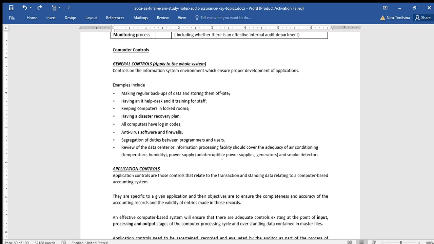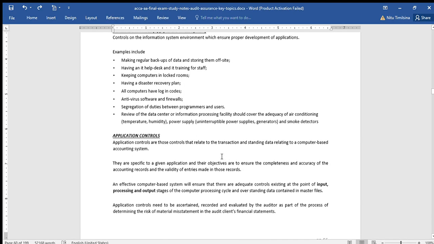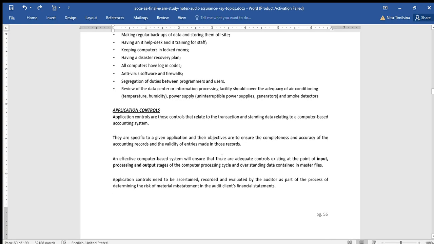All computers have login codes, antivirus software and firewalls, segregation of duties between programmer and users, review of the data center or information processing facilities should cover the adequacy of the air conditioning, temperature, humidity, power supply, uninterruptible power supplies, generators, smoke detectors.